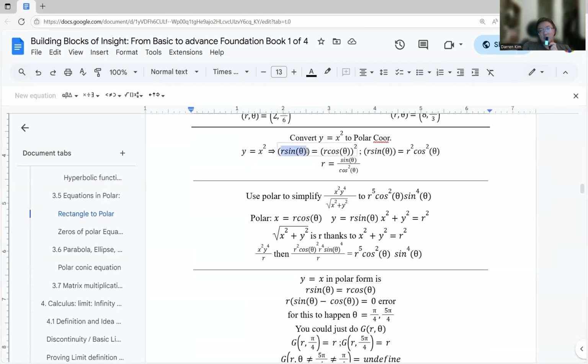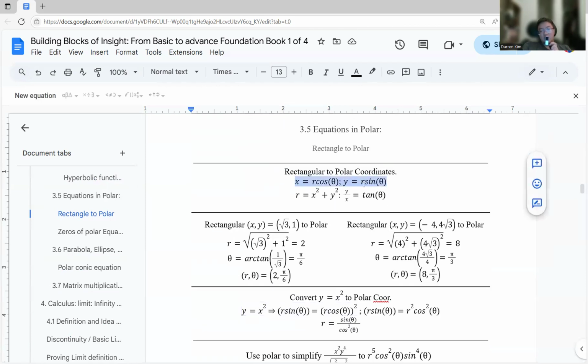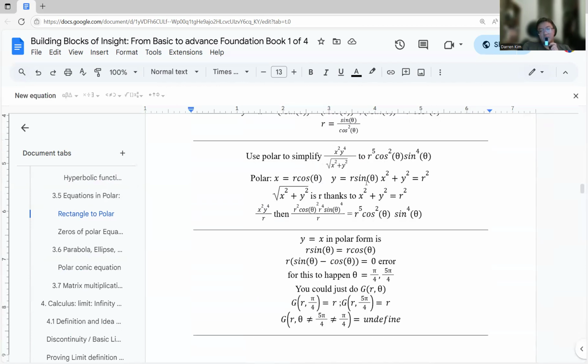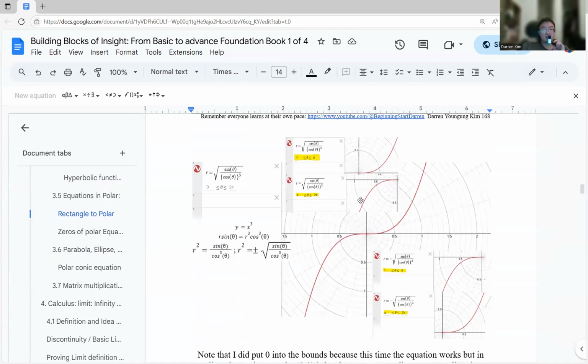Basically you plug in r cosine and r sine into their respective variables. Is this important? I mean, it is. It's important to know, but it's quite easy to do afterwards.